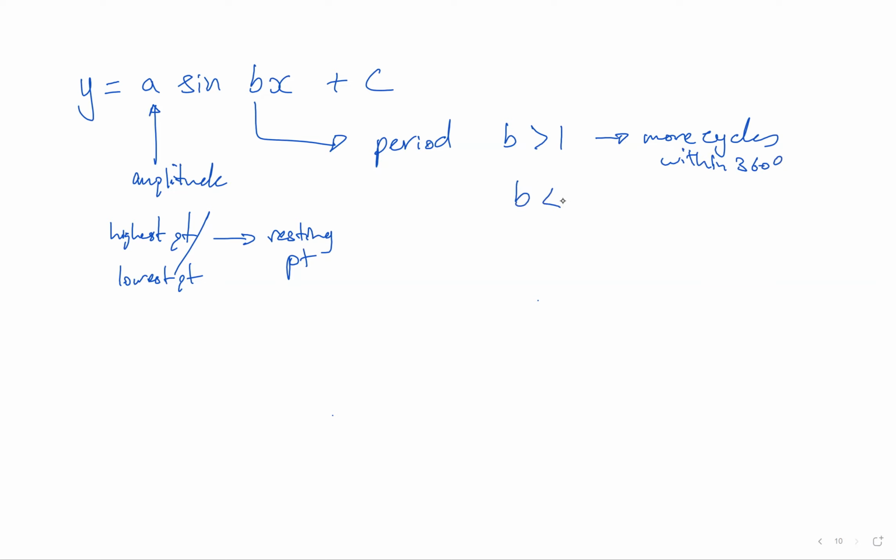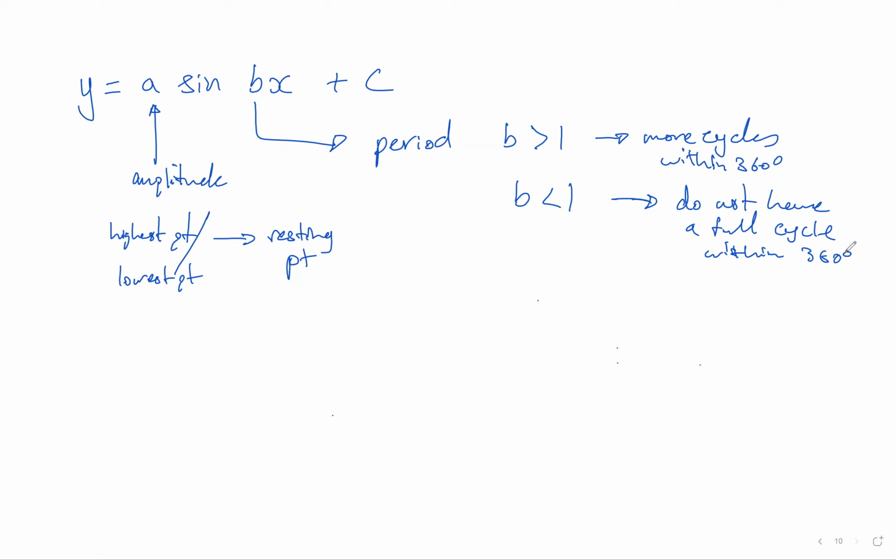If you have b less than 1, I'm not talking about negative, I'm talking about like a half or a quarter, that will mean you do not have a full cycle within 360.